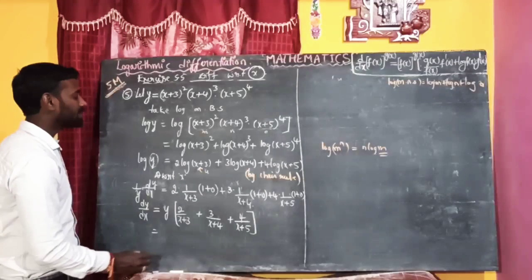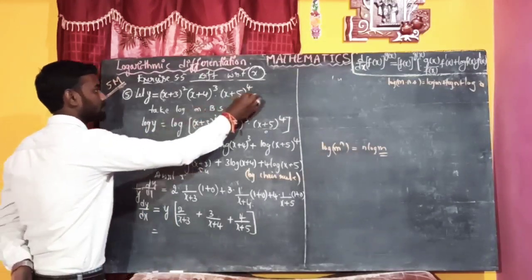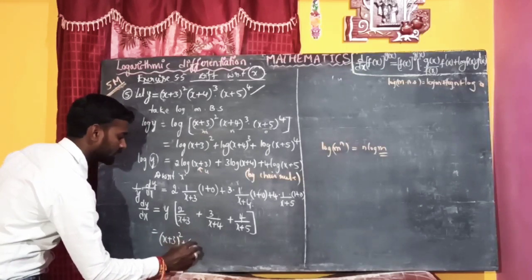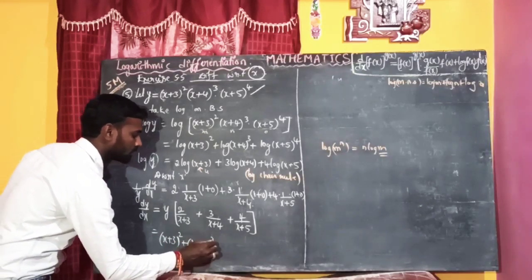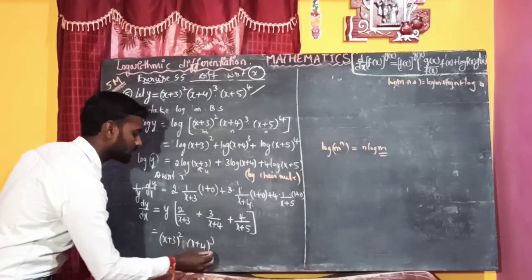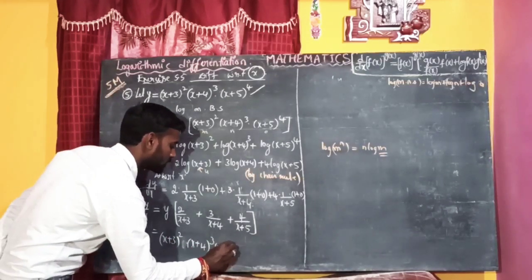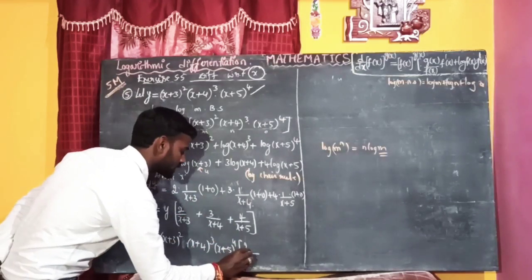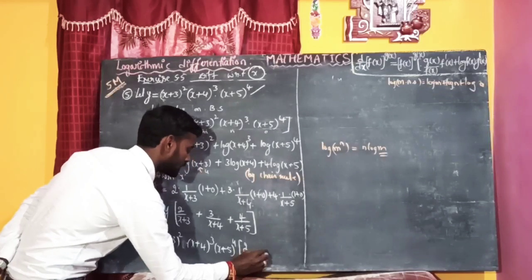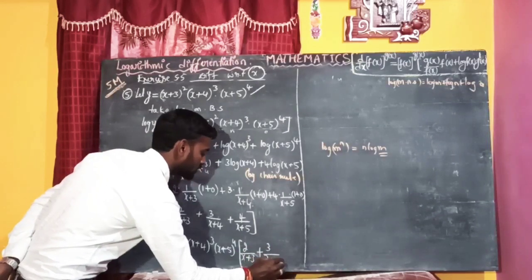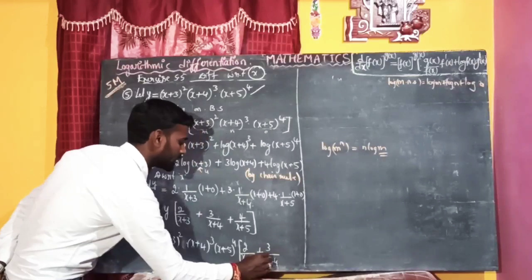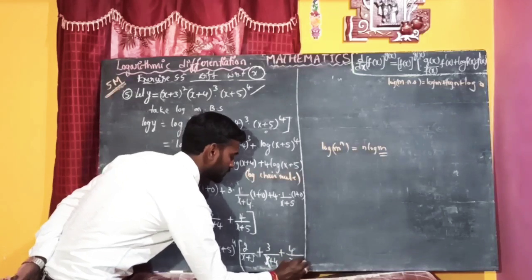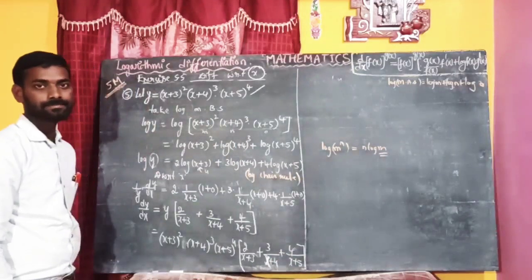Then y value is nothing but what? y is nothing but this, that is x plus 3 whole square into x plus 4 whole cube into x plus 5 to the power of 4, into this, our result, 2 by x plus 3 plus 3 by x plus 4 plus 4 by x plus 5. This is our required answer.